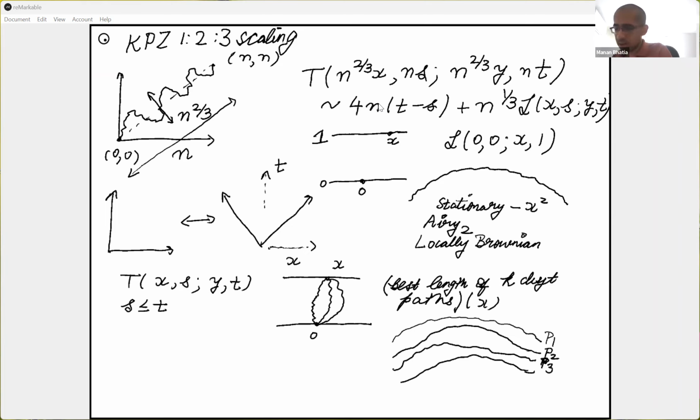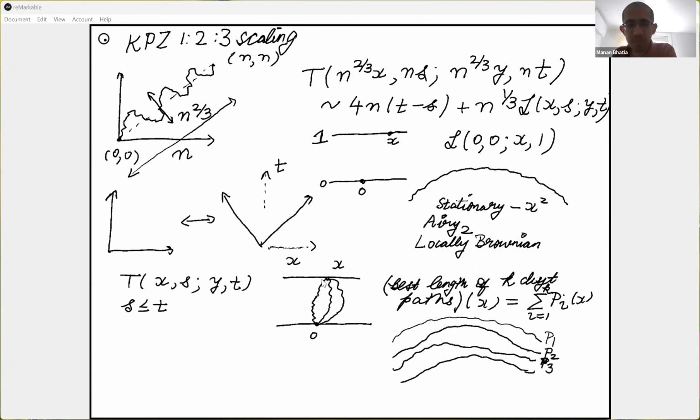They're all Brownian. And if you compute this quantity, the best length of k disjoint paths, it is the sum of P_i of x from i equal to 1 to k, the top k lines' sum. I just want to tell you that there's a very integrable representation for this sort of quantity. You just look at the top k lines, and you get the best length of k disjoint paths.